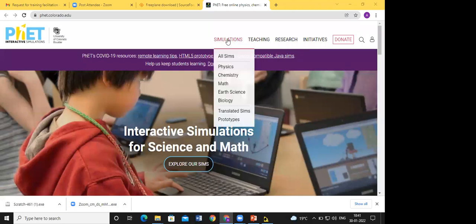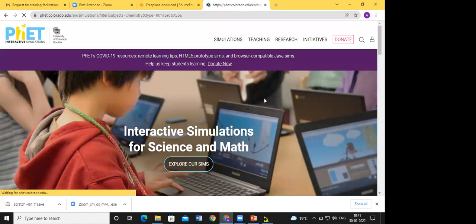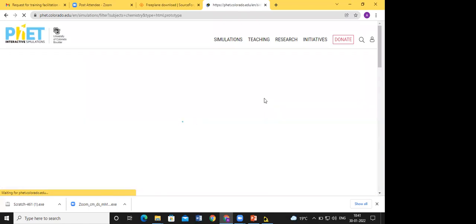If you click on simulations, you will find the different subjects like physics, chemistry, mathematics, earth science, biology. Since my background is chemistry, I'll take examples from chemistry. You can take examples from the others also. If I click on science, I'll get various types of simulations here.